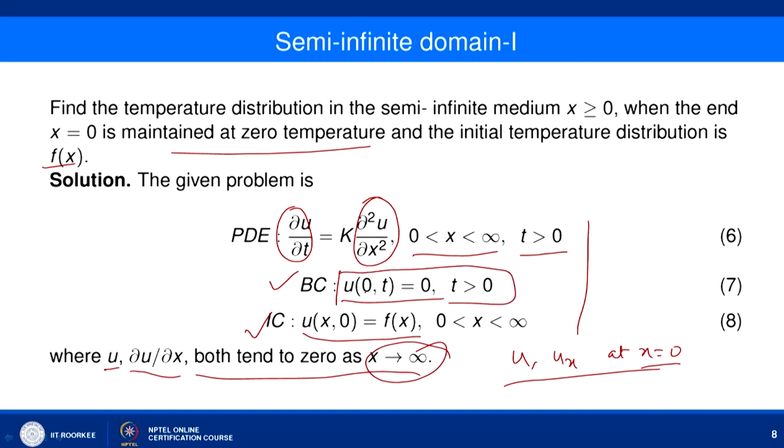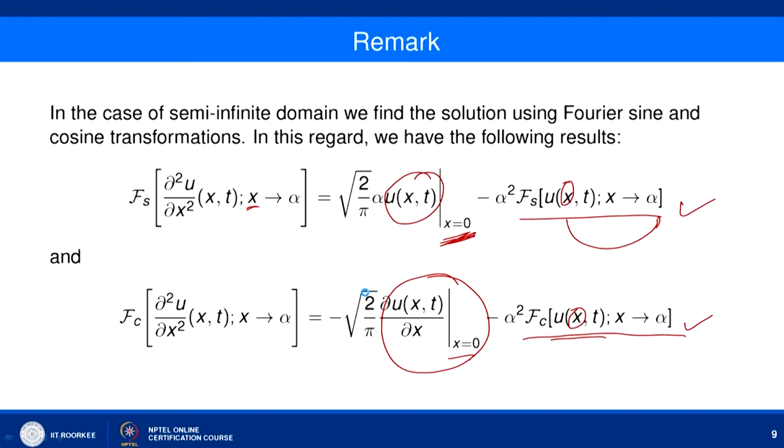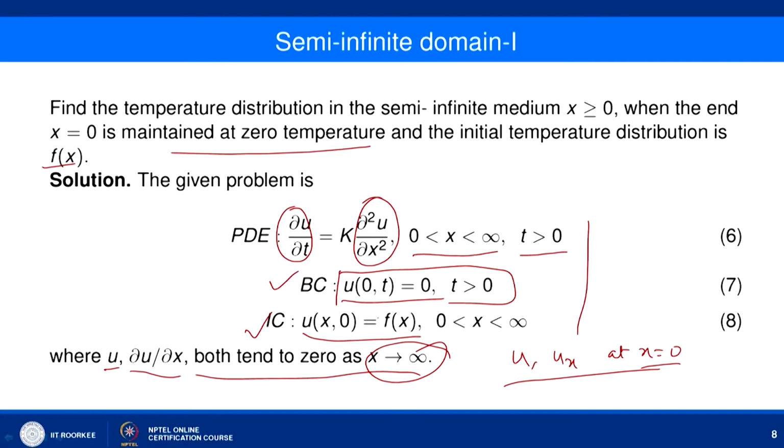So, this tells us that we should apply the Fourier sine transform, because in the Fourier sine transform we only need u at x equal to 0, but if we apply the Fourier cosine transform, then I need the value of ∂u/∂x at x equal to 0, which is not given here. So, in this particular example, since the boundary condition is given in terms of u, we will apply the Fourier sine transform, and if the boundary condition is given in terms of ∂u/∂x, then we will apply the Fourier cosine transform.